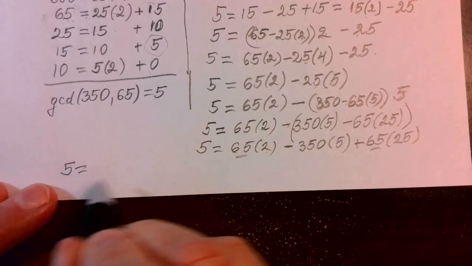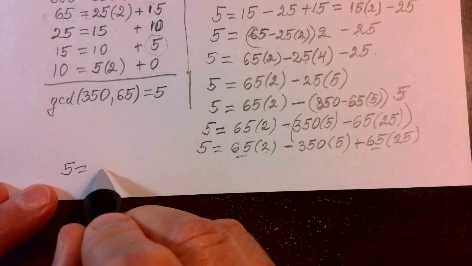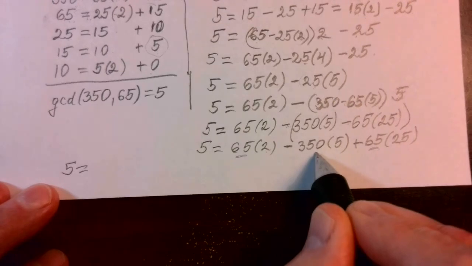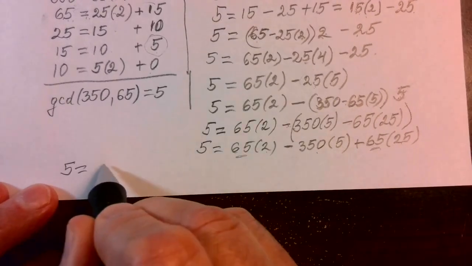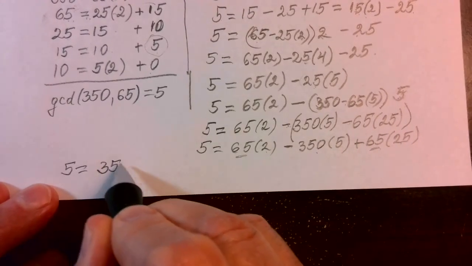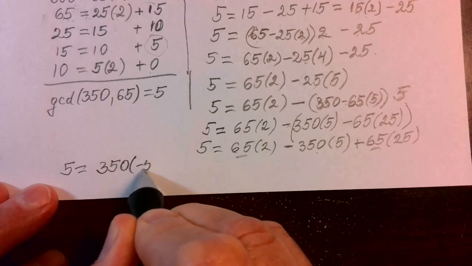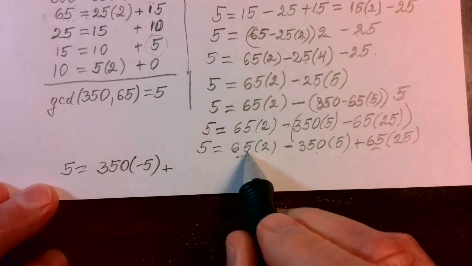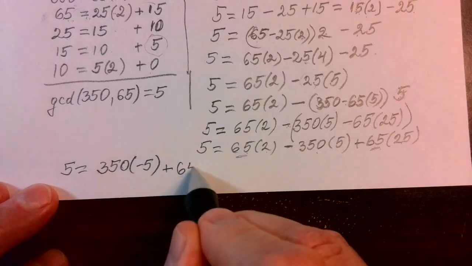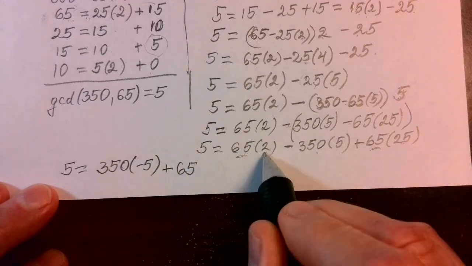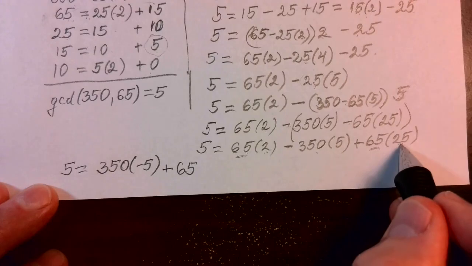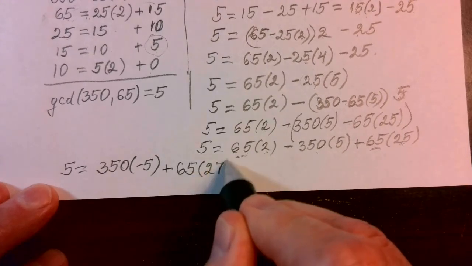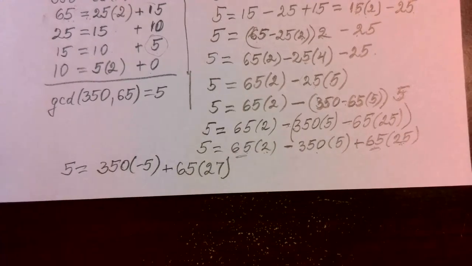So I write 5 is equal to 350 times negative 5 plus 65 times 2 plus 25, 27. So this is our linear combination.